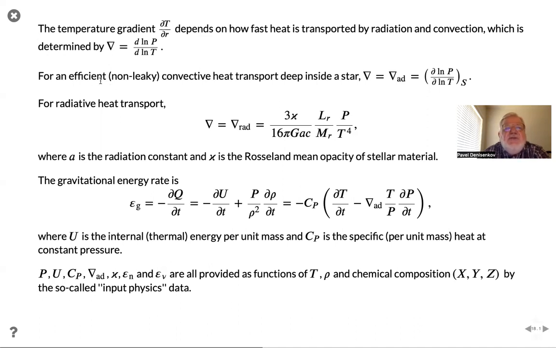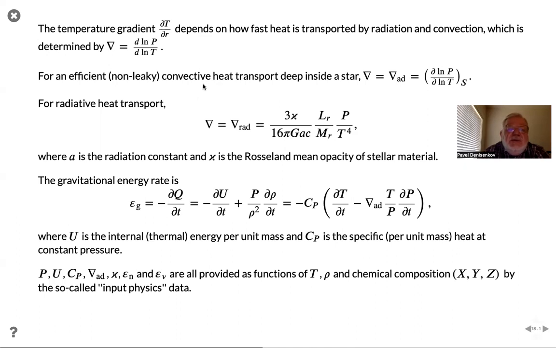So for an efficient non-leaky convective heat transport deep inside the star, the temperature gradient is equal to its adiabatic value, the adiabatic temperature gradient, which can be calculated from thermodynamics. It's adiabatic because, in this case, we can assume that convective fluid elements don't lose their heat, which means adiabatic changes.